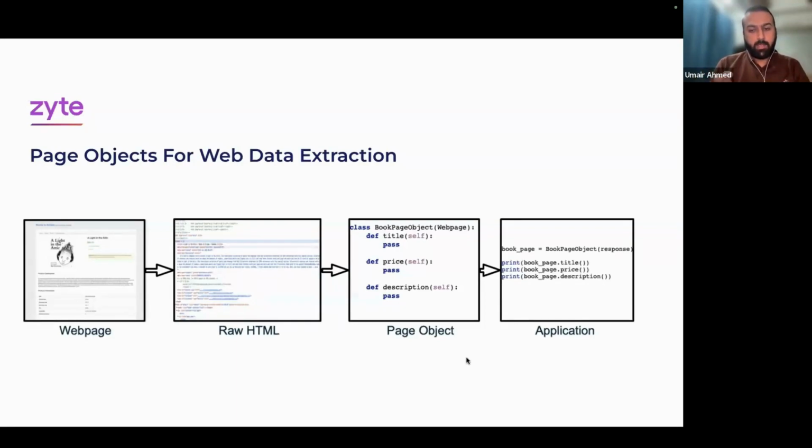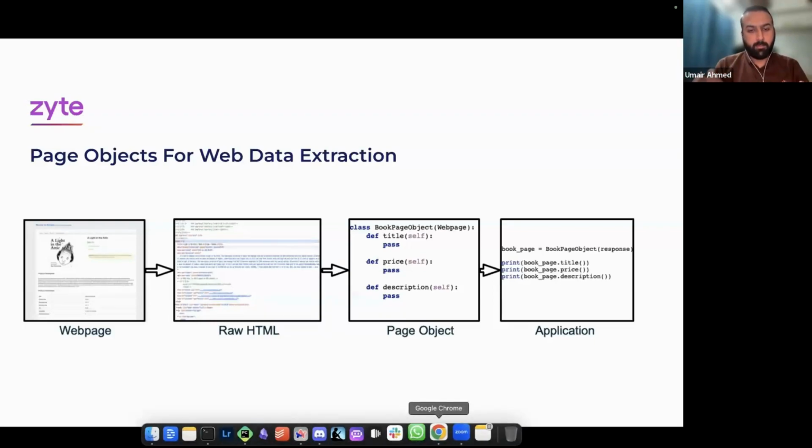Your page object sits between your raw HTML and your application, which in our case is our spider. It gives you a nice API to get data from the web page without writing any HTML selectors or CSS and XPath selectors. It will just handle all that implementation and hide it away from you.